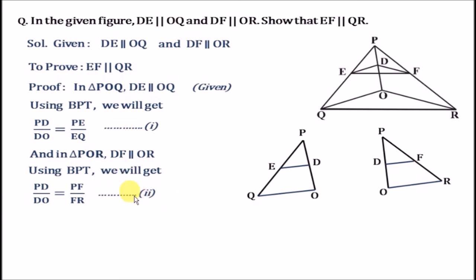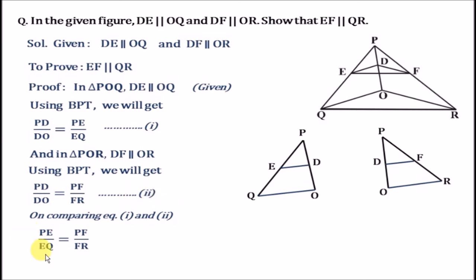Now, in equation 1 and equation 2, we can see that PD by DO is the common part. That means the quantities on the right of equation 1 and equation 2 should also be equal. On comparing equation 1 and equation 2, we will get PE by EQ from equation 1 equals PF by FR from equation 2, since we had PD by DO common in both.